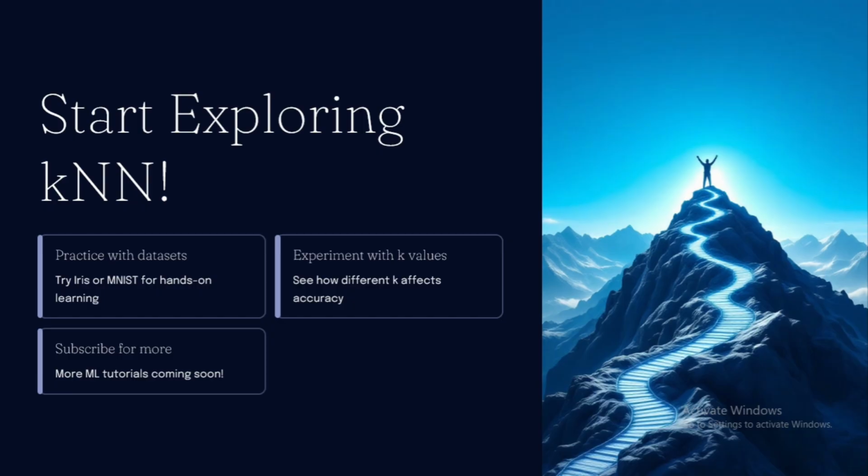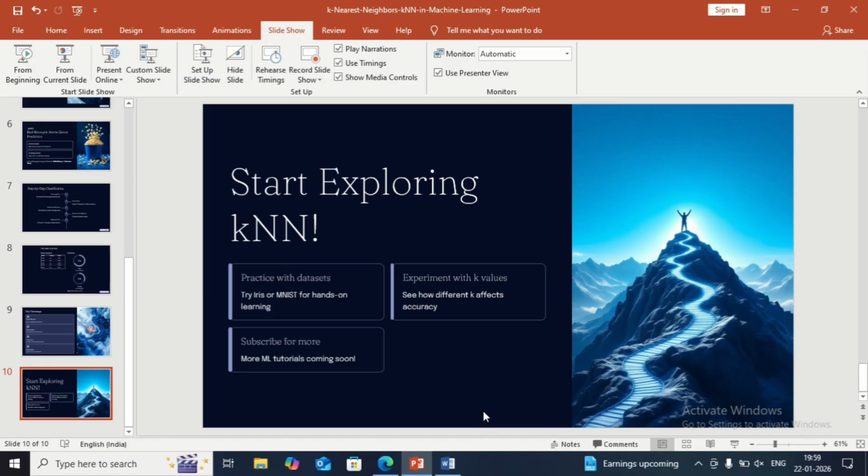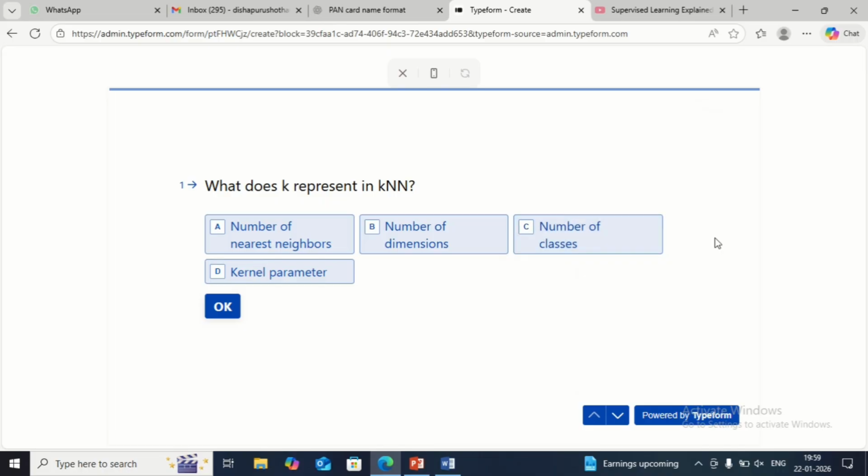Now, before we end, here's a quick quiz for you. So today's quiz is as given now. Let's open the quiz. So the first question is, what does k represent in kNN? A. Number of nearest neighbors, B. Number of dimensions, C. Number of classes, and D. Kernel parameter.